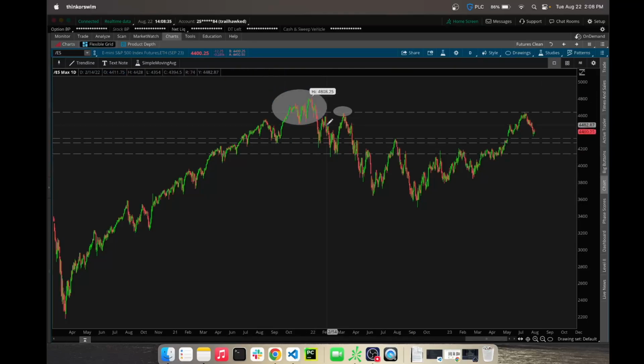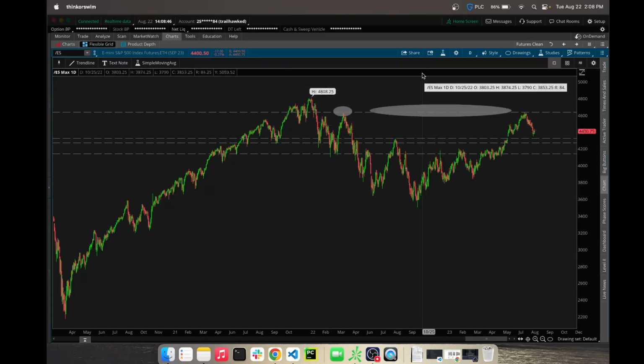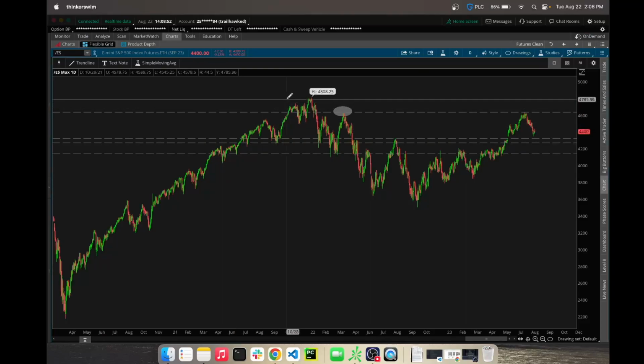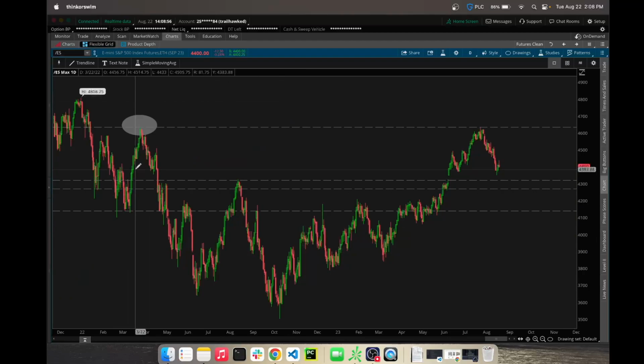What we'd really be looking for in terms of building out zones versus support and resistance, if anywhere in between here we're just slashing through that area. So another example being, if we look at, I went the wrong direction.